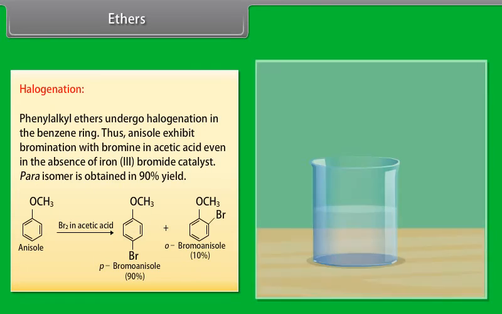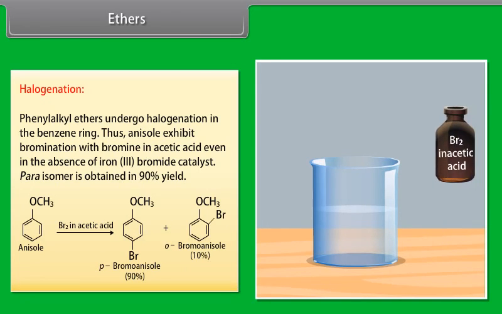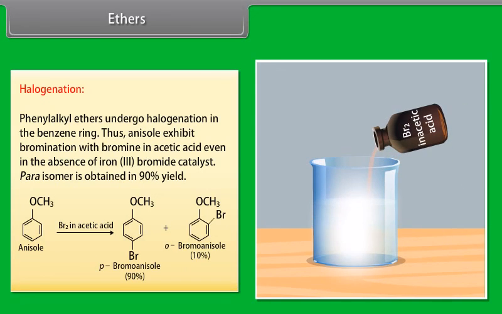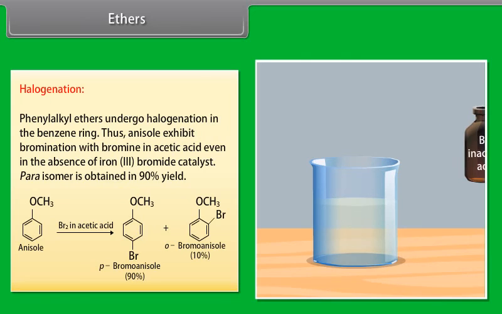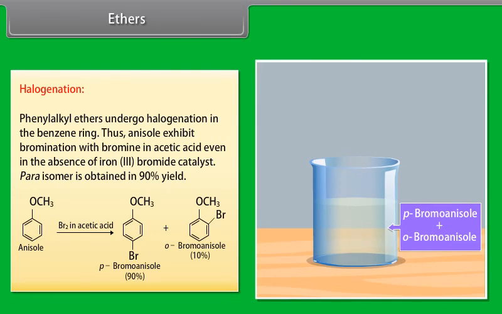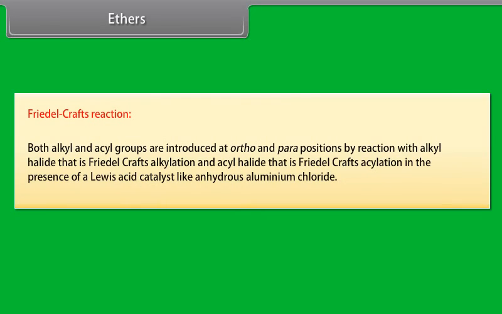With excess hydroiodic acid, the alcohol formed further reacts to form ethyl iodide. The overall reaction: hydroiodic acid reacts with diethyl ether at 373 Kelvin and forms ethyl iodide and water.